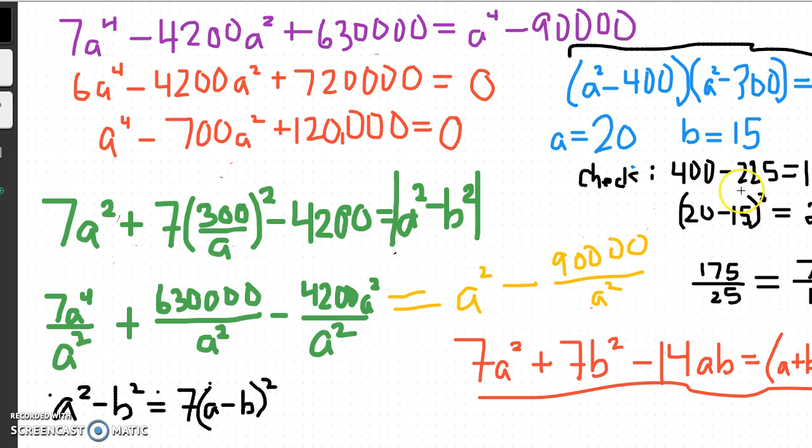So, exploring that: I figured out that if a is 20, this thing works. But what if a is 10 root 3 or 17.3? And what happens then? So I'm going to pull up a new screen just so I can figure this out.